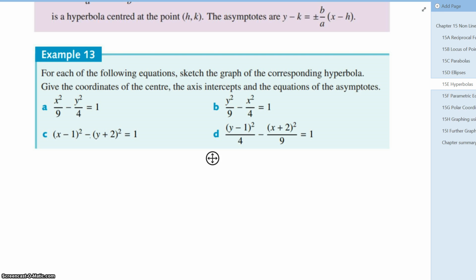You'll notice the difference between the standard hyperbola and this one is that these ones have actually been translated. They've been translated one to the right and two down. So the center of the hyperbola is going to be at the coordinates 1, -2, and the asymptotes will cross over at that point rather than at the origin.